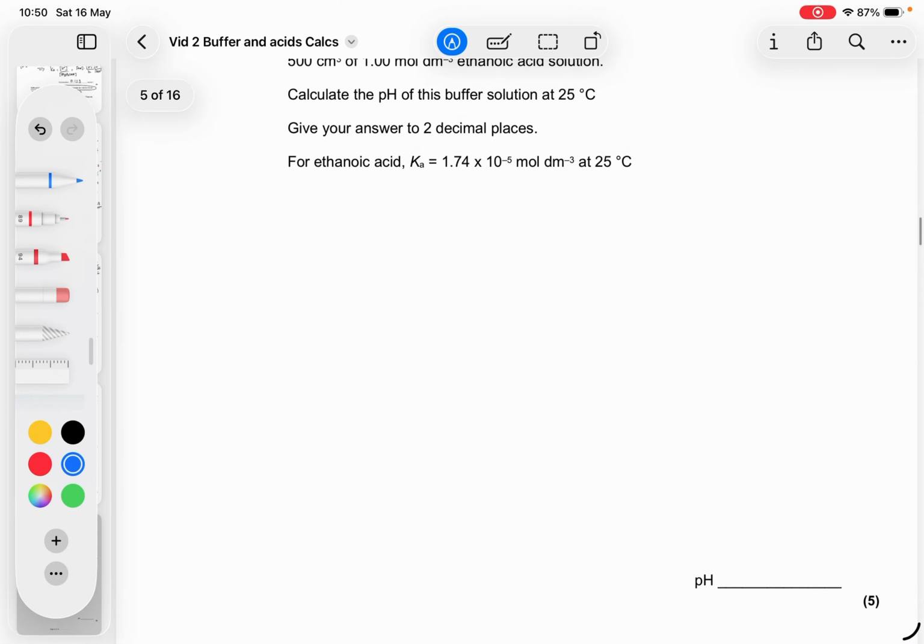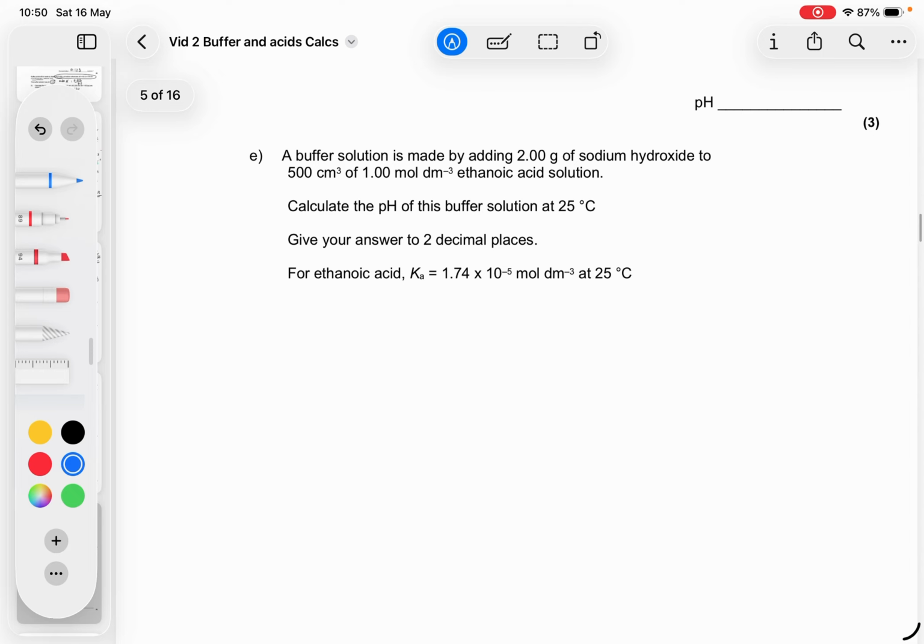Now let me go into one more question on buffer. So this buffer carries 5 marks. This is my last question now. A buffer is made by adding 2 grams of sodium hydroxide to 500 cubic centimeters of 1 molar ethanoic acid. Calculate the pH of this buffer. So sodium hydroxide is added to ethanoic acid.